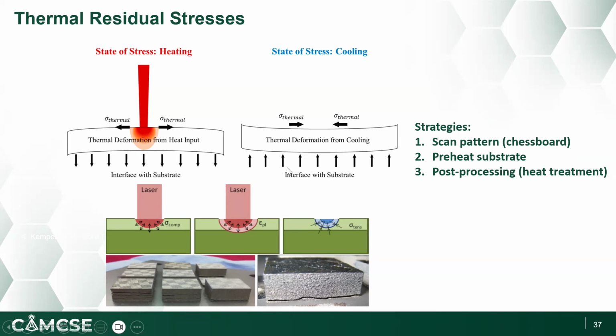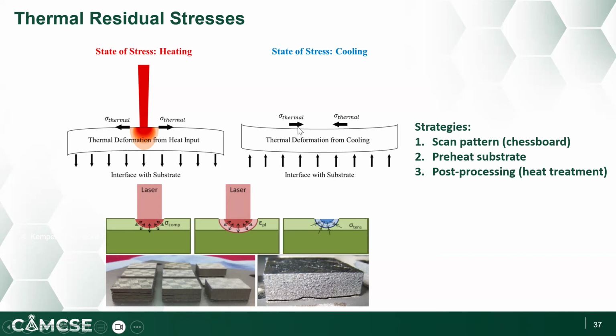On the other hand, after you melt, the melted pool undergoes a cooling process, right? The melted pool wants to cool and contract, whereas the surrounding material and the substrate don't allow it to contract or shrink, right? So this will induce a tensile residual stress to the melted pool.